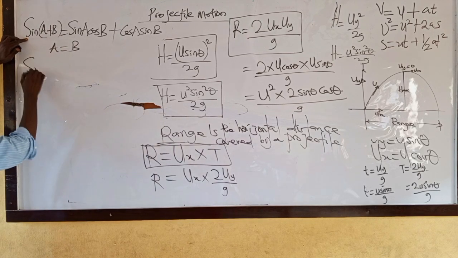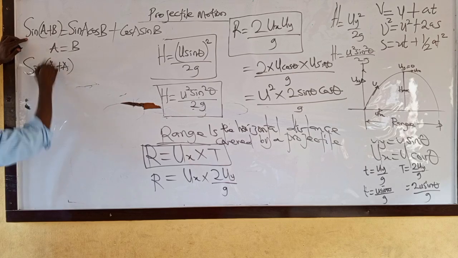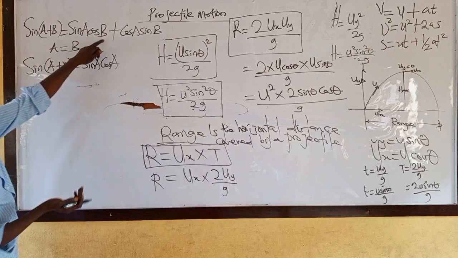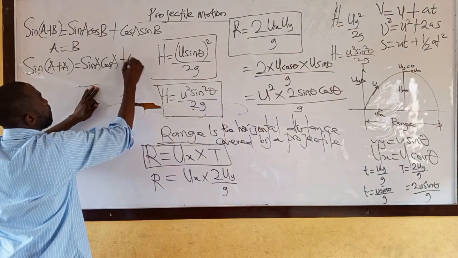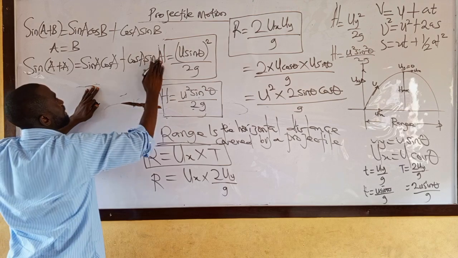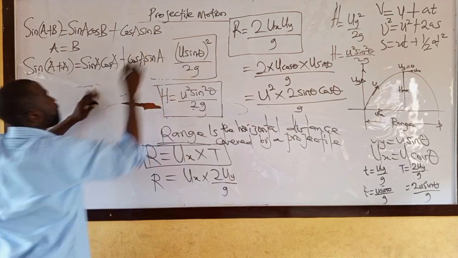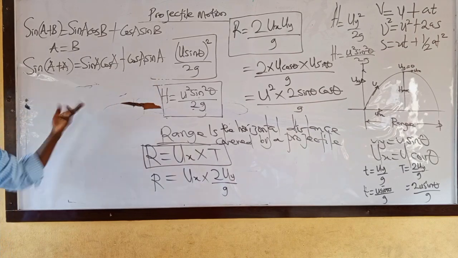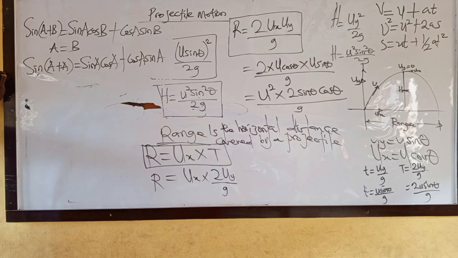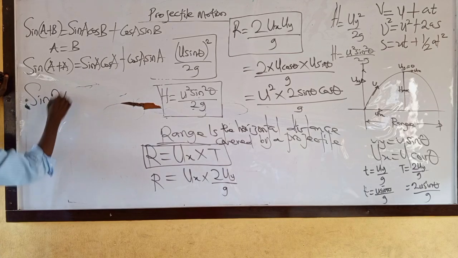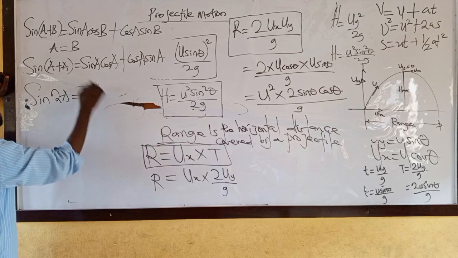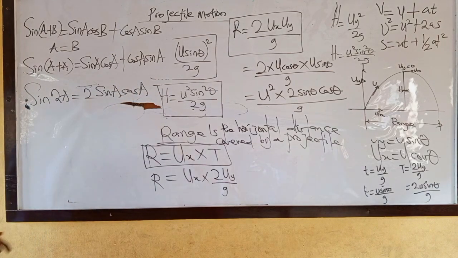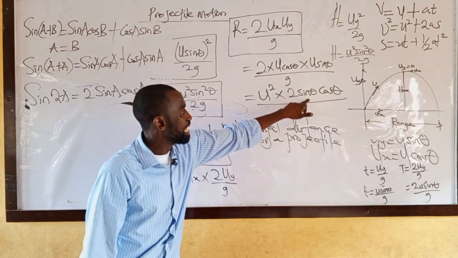I have sin(A + A), where B changes to A: sin A cos A plus cos A sin A. I'm having two of these, sin A cos A. A plus A is 2A. So sin 2A gives us 2 sin A cos A.